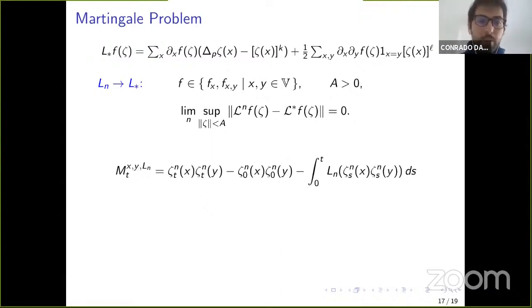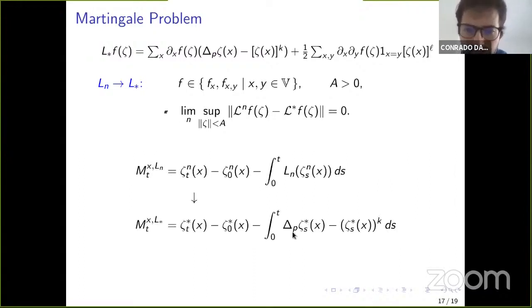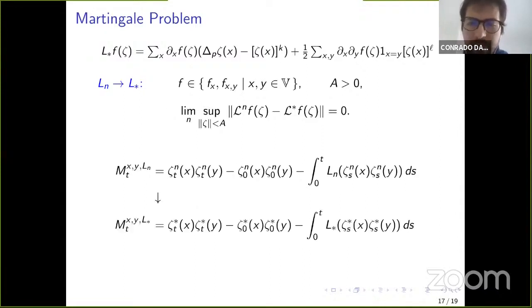The same thing we do for the product of the functions that look at the product of two coordinates. We are trying to get the correlations. If you compare, here I've written explicitly the drift. Here I have left implicit the formula for L star. That's because if you take a function that is fx times fy of zeta, then we'll have two terms here.